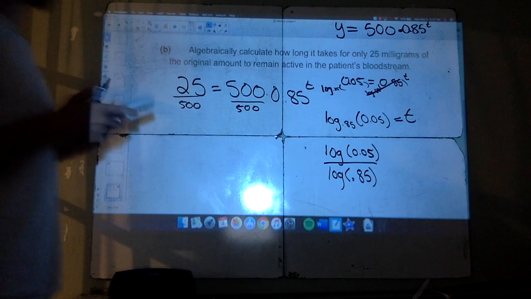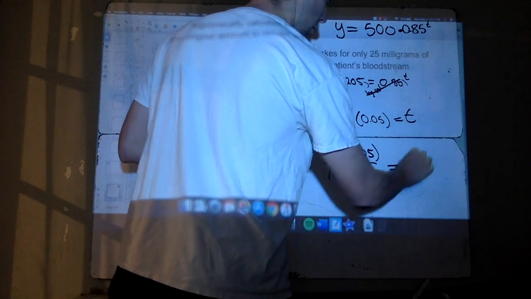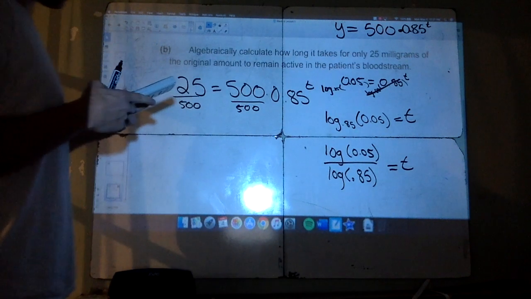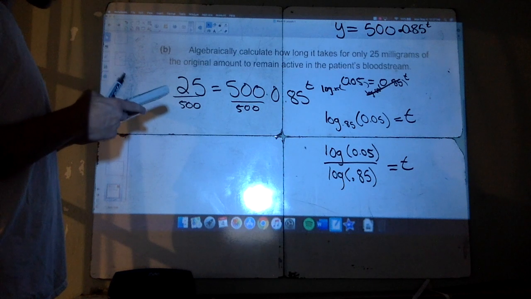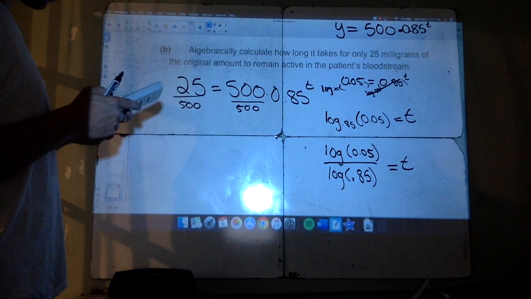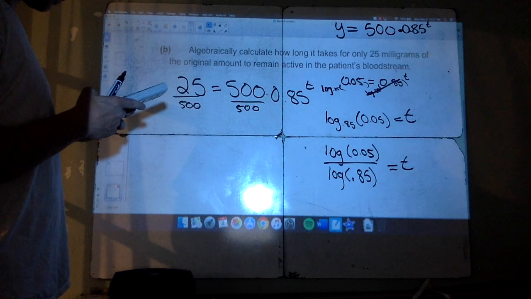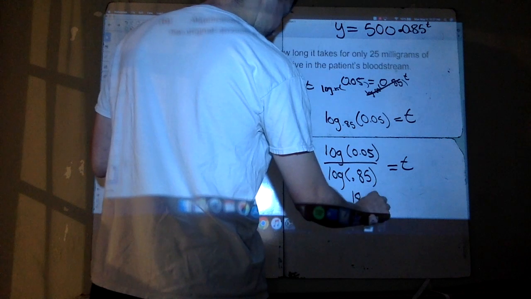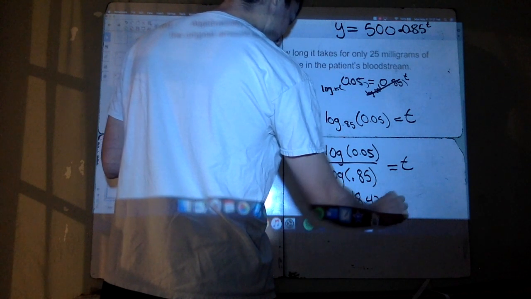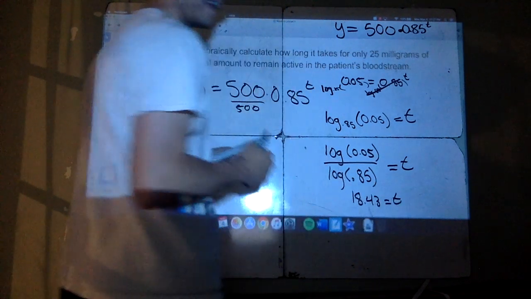So you're going to type that into your calculator. Make sure you use that parentheses as well. And we get an answer of 18.43. It's that many hours.